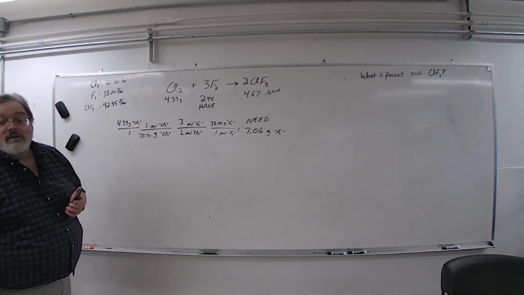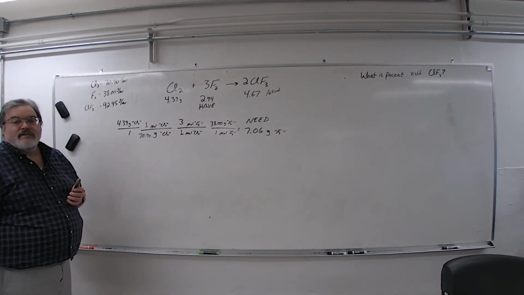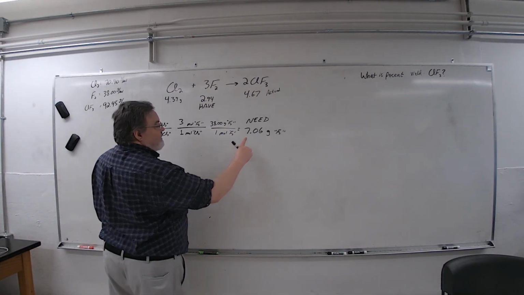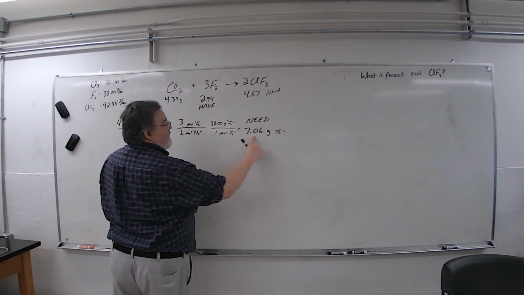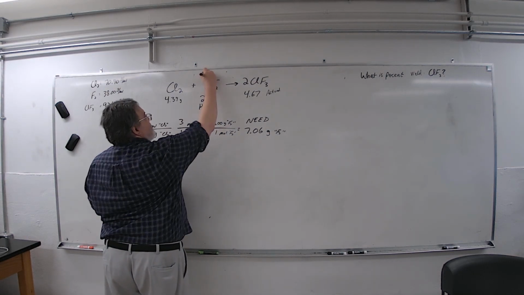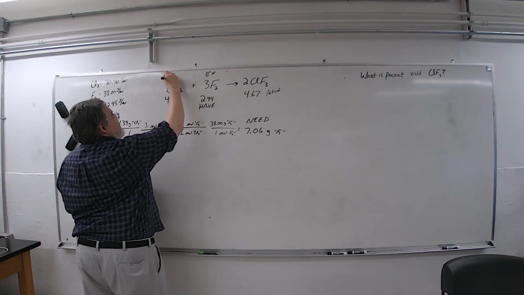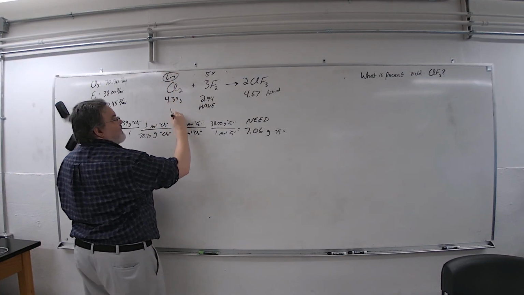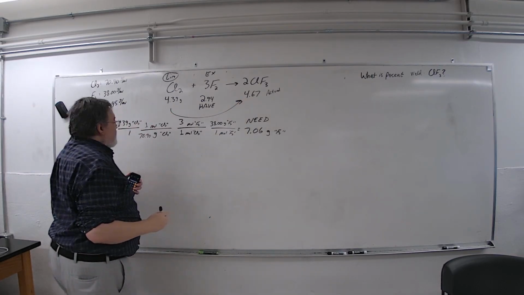So F2, is it excess or is it limiting? It's in excess. I have a lot more than I need, so this is excess. Cl2 is limiting, and now we use Cl2 to predict the product.